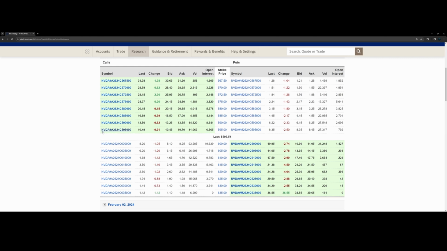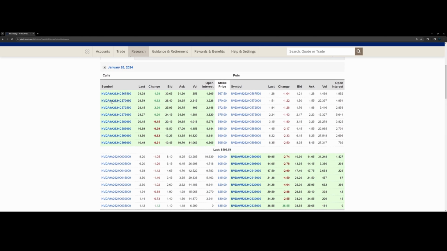Now, different details are provided for each option in the option chain. So let's go over these details real quick. The symbol is pretty straightforward. That's the underlying asset. The last is the last price at which the option was traded, which can be an opening or closing transaction.